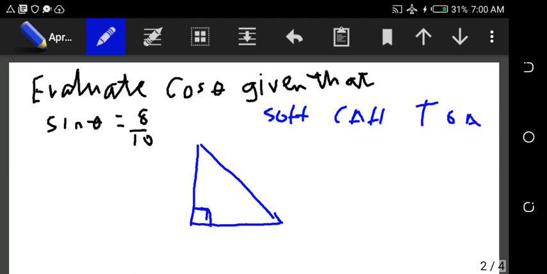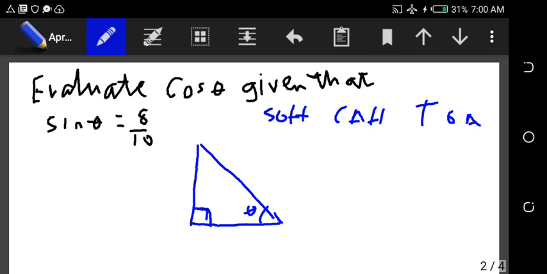Alright, so we have the SOHCAHTOA. Now you can decide to write your angle anywhere. So let's say that we have theta to be here.